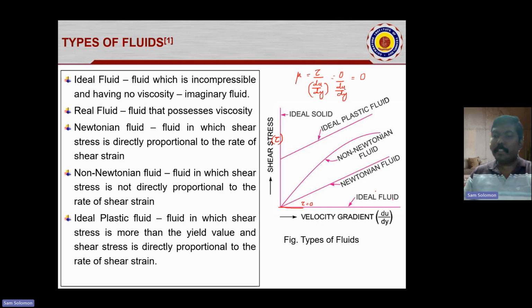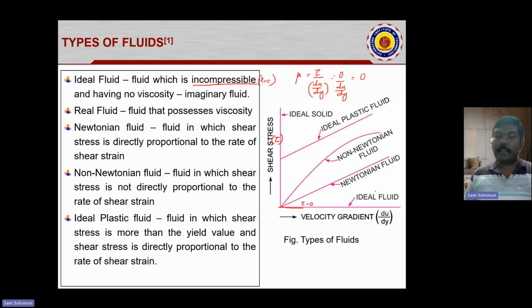So an ideal fluid is a fluid which does not have any viscosity, and at the same time, it is incompressible. When I say incompressible, it means density is held constant. Density doesn't change. When you compress something, density changes. When you say it is incompressible, it is not possible to compress something. Take water.